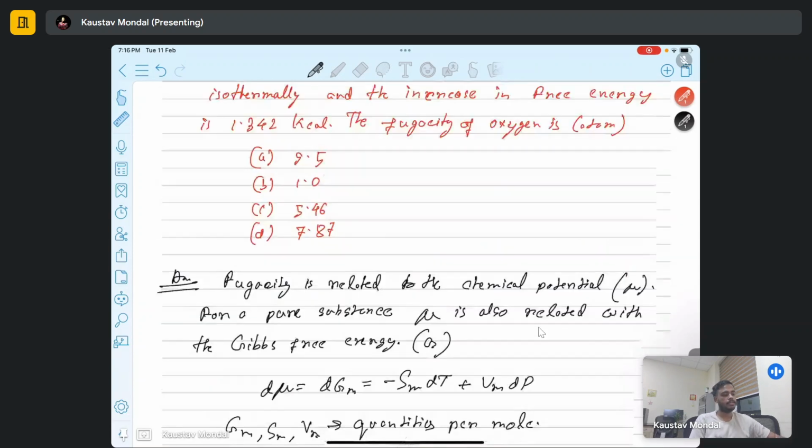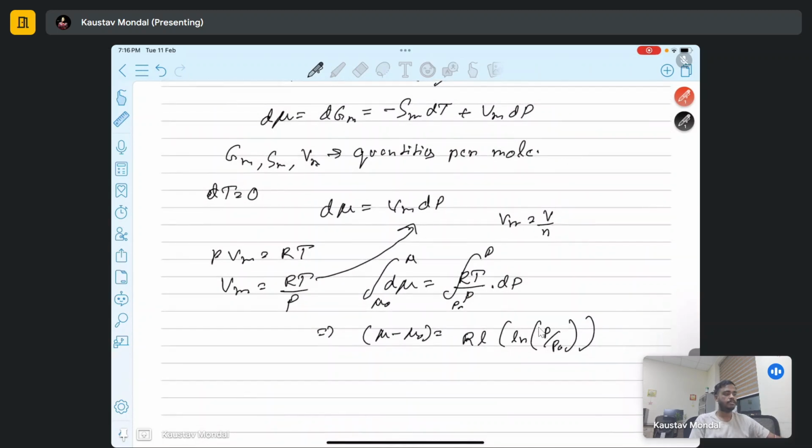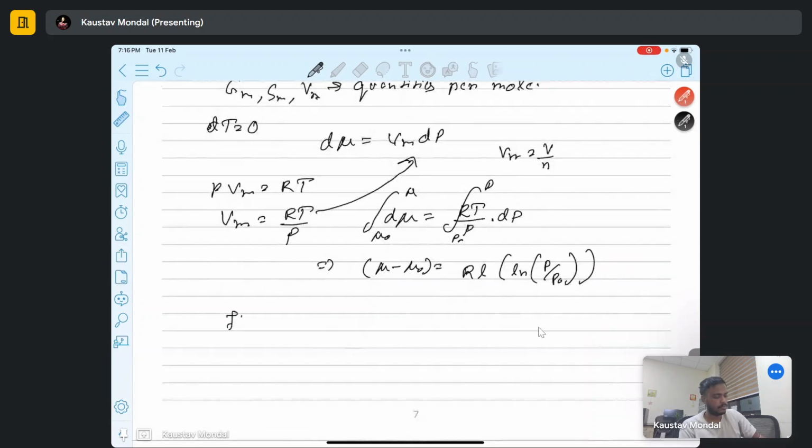Now here we can write it in terms of pressure, but we have another thing similar to the pressure, which is known as fugacity, or you can call it effective pressure.